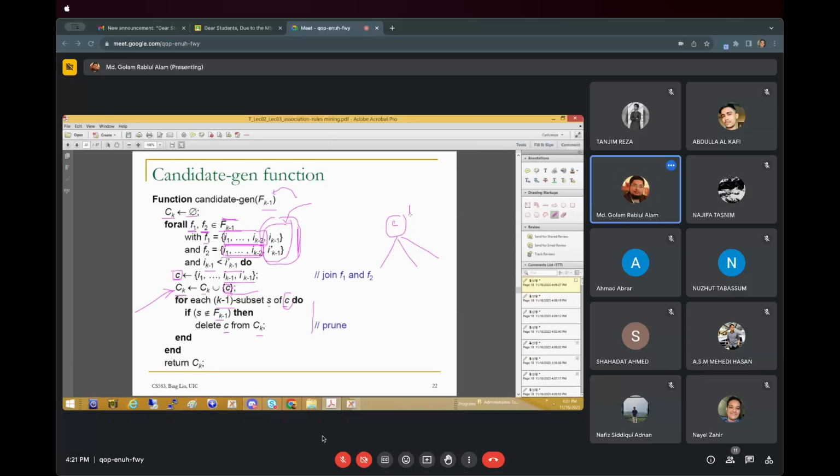But we have to think about subsets of k minus 1. Maybe we will get a few subsets of k minus 1.